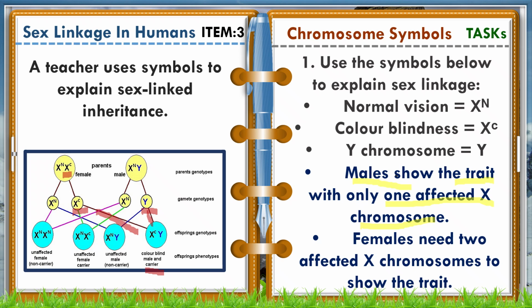Why? Because the boy has got one affected X chromosome, which is going to express itself, and the trait will be shown.